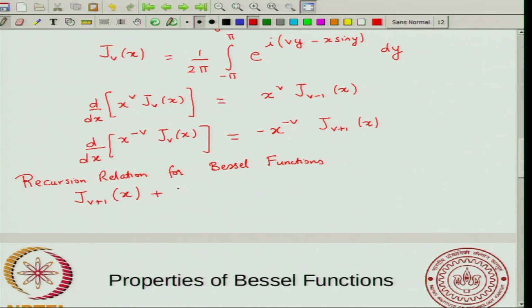You can write J(v plus 1) of x plus J(v minus 1) of x equal to 2v by x times Jv of x, and the other recursion relation that can be written is J(v minus 1) of x minus J(v plus 1) of x. This is twice Jv prime of x, okay. So these are some of the relations that you can write.